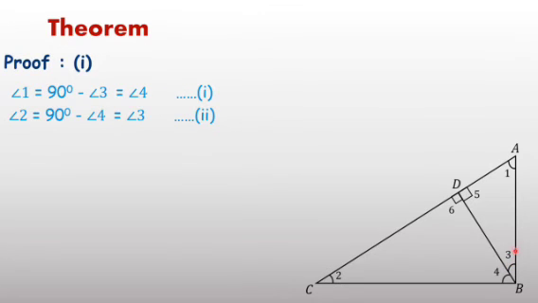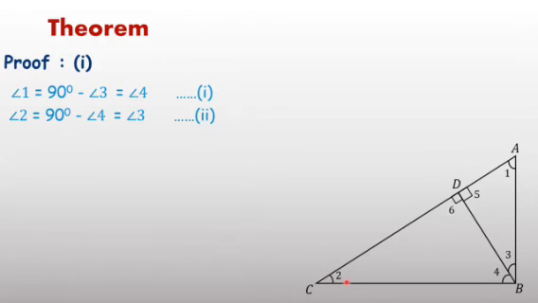And also you can observe angle ABC, this whole angle is 90 degrees, means 3 plus 4 is 90 degrees. It implies angle 4 also we can write as 90 minus 3. That is equation first written here. Angle 1 equal to 90 minus 3, and angle 4 is also equal to 90 minus 3. It implies angle 1 equal to angle 4.